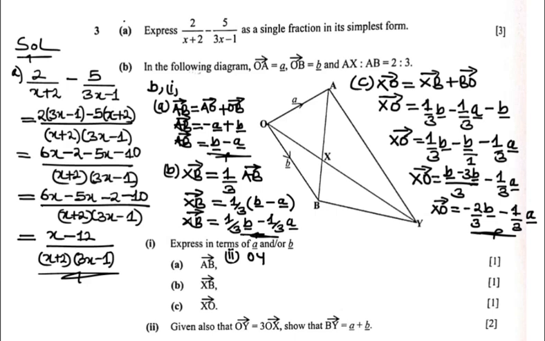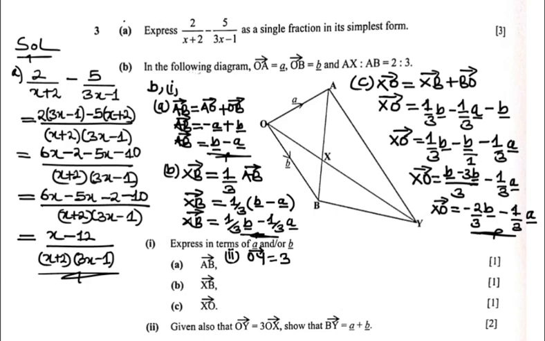Now, OX vector is the negative of XO. We got XO on Roman numeral 1C, so we are simply going to multiply what we got by negative to get the OX vector.